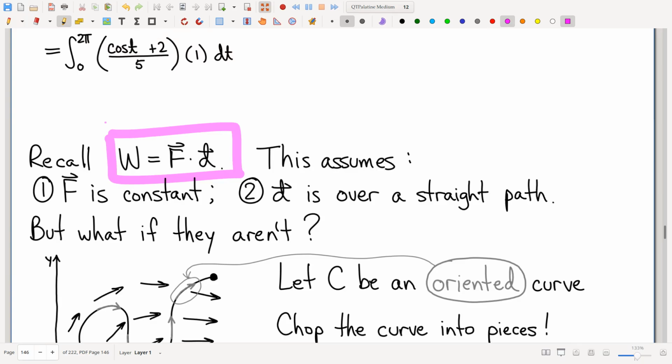This was an improvement over an old high school formula that we saw, that work was scalar force times scalar distance, asterisk. Oh, hey, by the way, this only works if the force is in the direction of the displacement, and if it doesn't, then you have to think about the component, and this whole discussion, right?